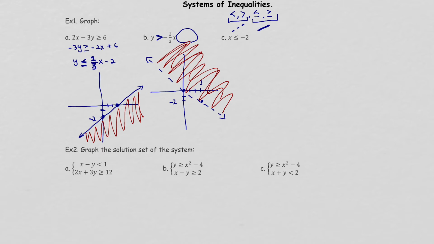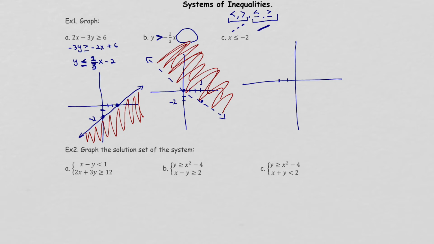The last one is a little different because you see only one variable. You don't have a y variable. If you only have one variable, it's going to give you either a horizontal line or a vertical line. This one is going to give you vertical because x equals negative 2 is here.